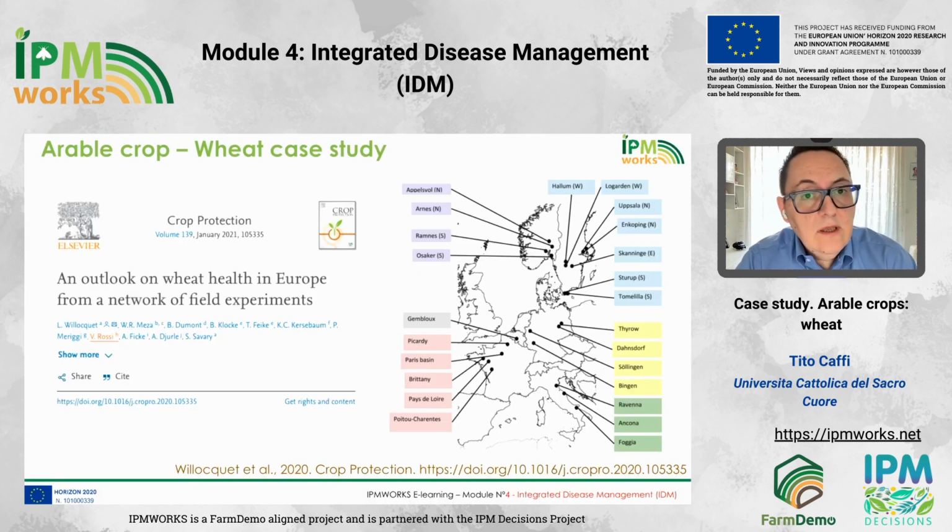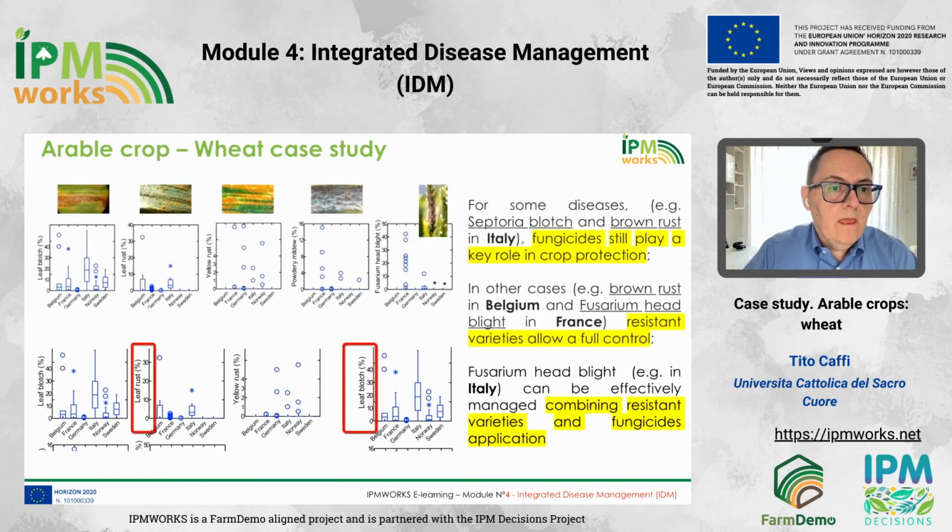Recently we published a paper about the outlook on wheat health across Europe, and we analyzed what was going on in different experimental trials from north to southern Europe, in many different states under many different environmental conditions.